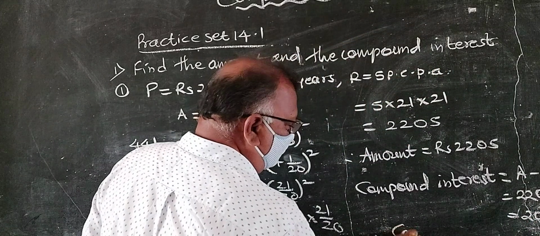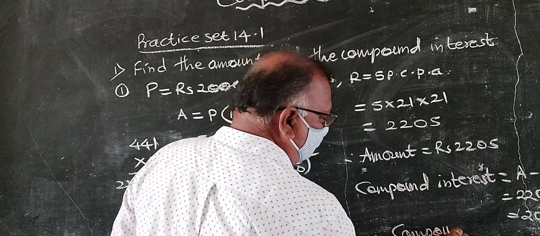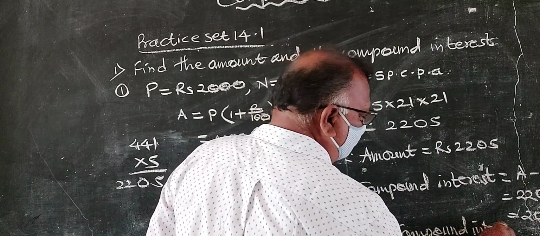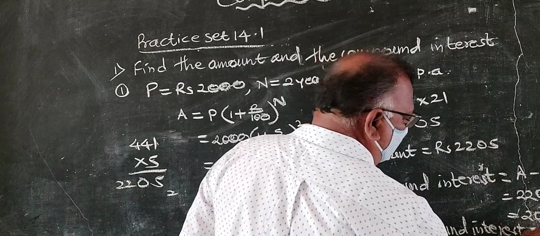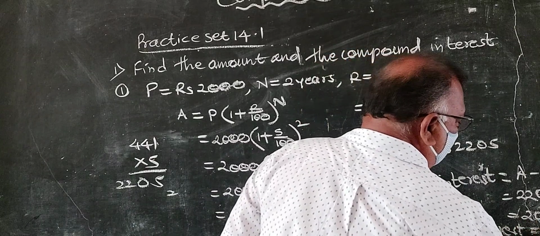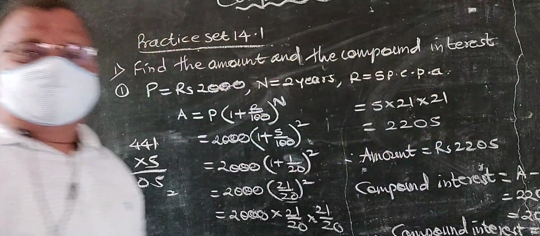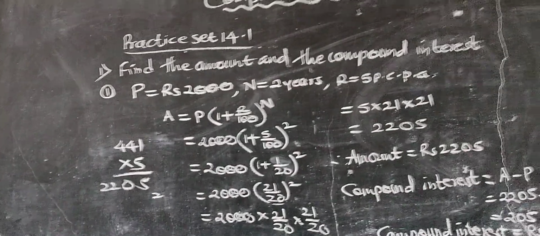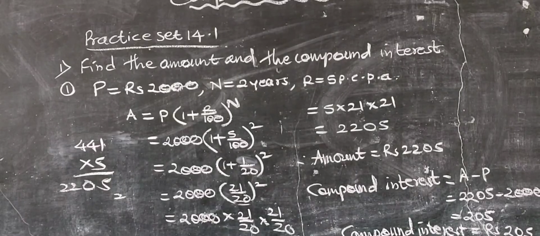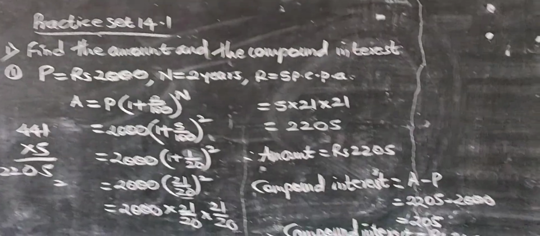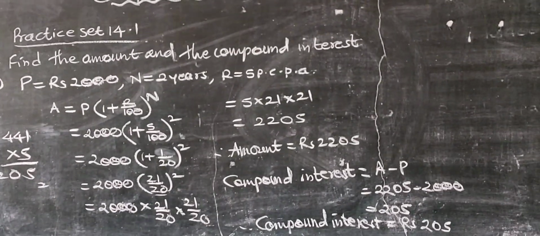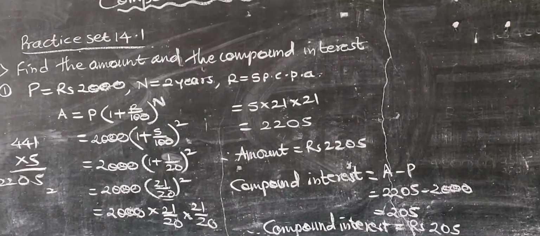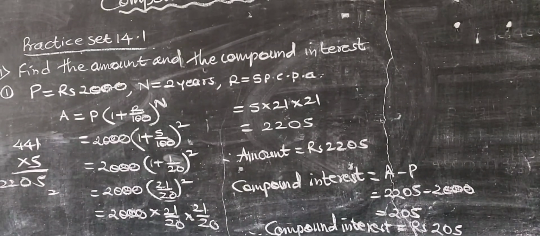Therefore, compound interest is equal to rupees 205. So that is how you are going to get the answer. Compound interest is rupees 205. Okay? So everyone will copy this.